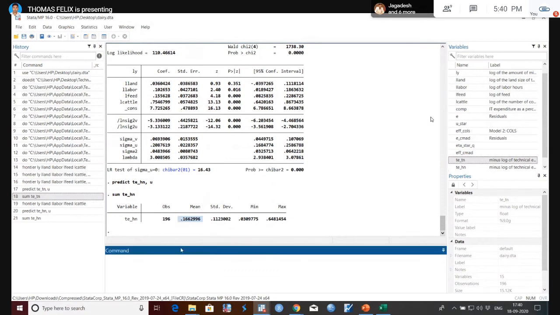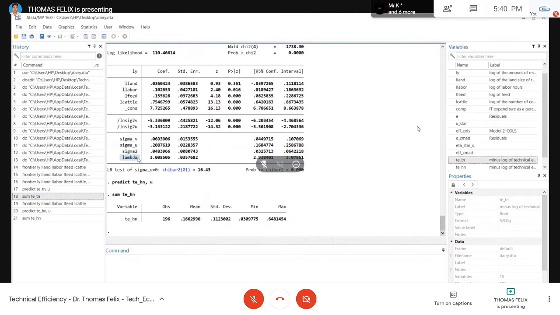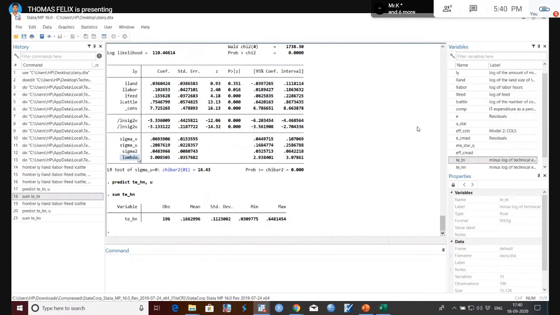And you have to know one other thing. Here you have to get the lambda value of greater than 1. For example, if you are using a production function model for paddy farmers, while running the function, if the lambda value is less than 1, then it is said that there are no inefficiency values.